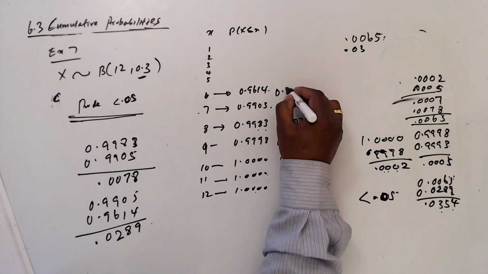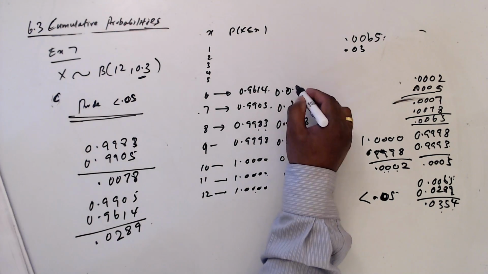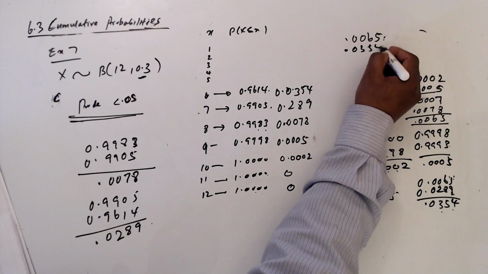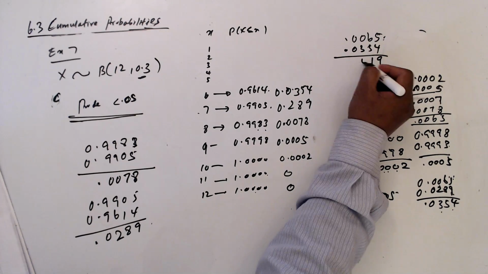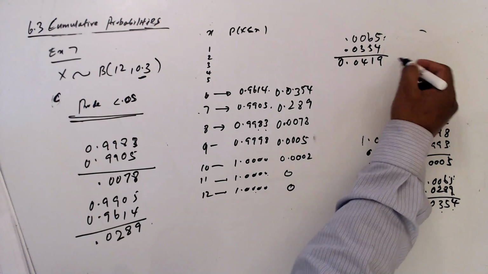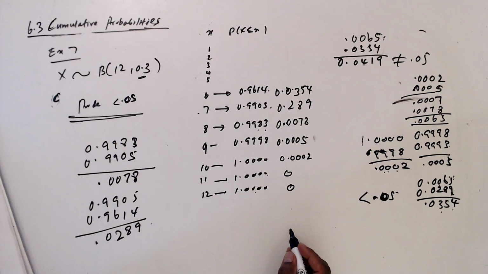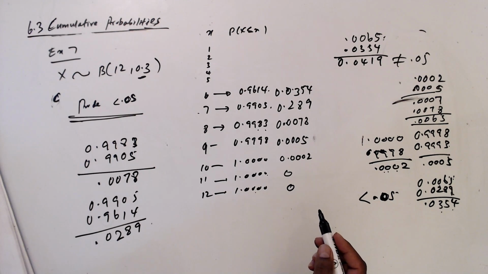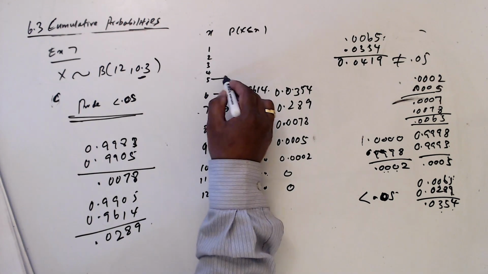This is 0.0354. So it's still not equal to 0.05. Now, okay, I think I need the 6 value as well. Then I have to write 5.